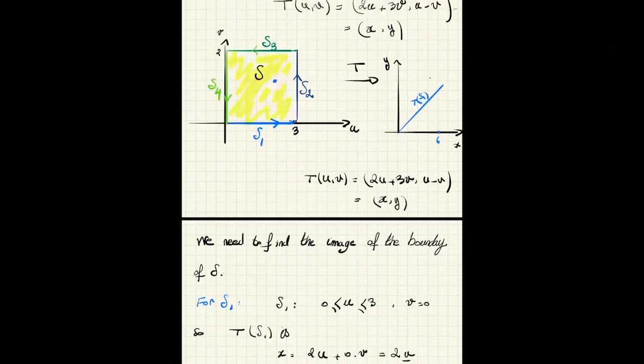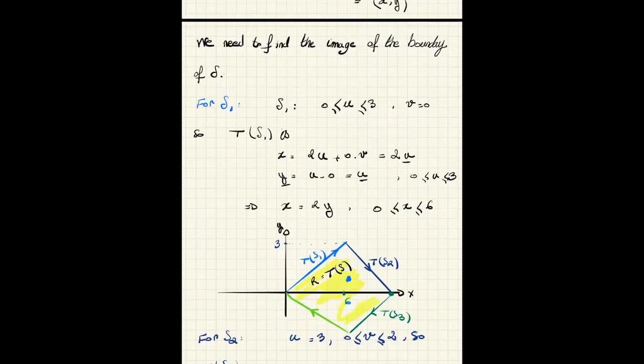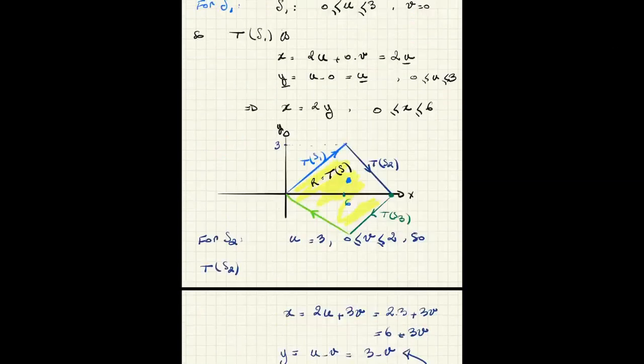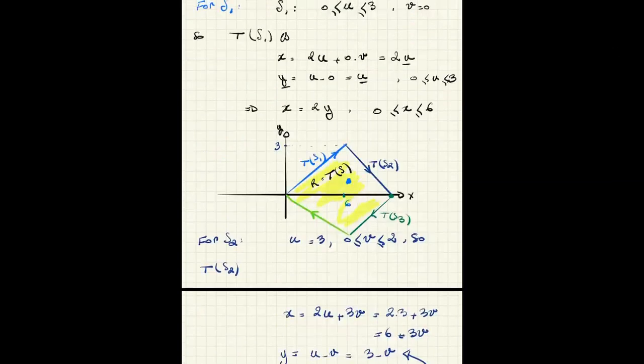So instead of doing this complicated integral, you will have to do this very simple integral, just from 0 to 3 and then 0 to 1. Then, as I said, we're going to do this tomorrow, but you're not going to integrate exactly the same function. You're going to integrate the same function up to a Jacobian, which will be another function that multiplies the function. Okay, so hopefully that was clear enough.